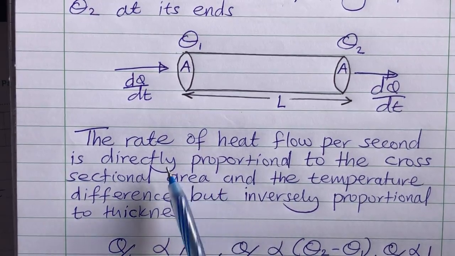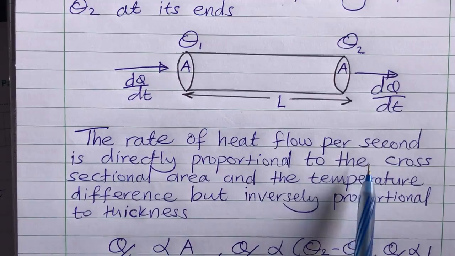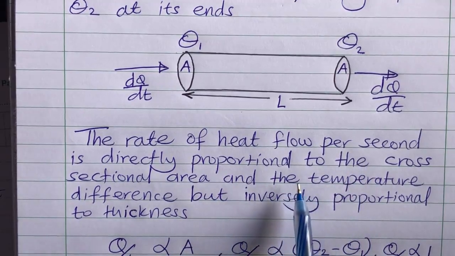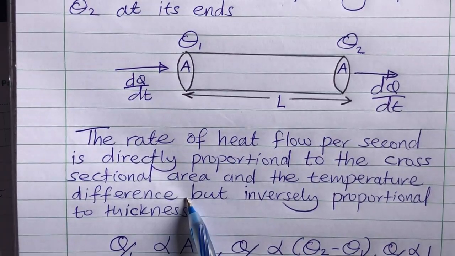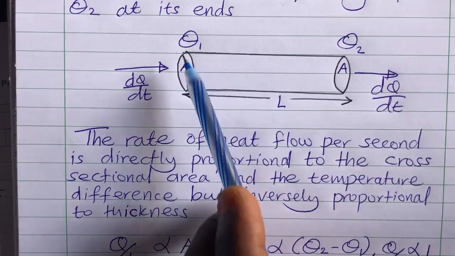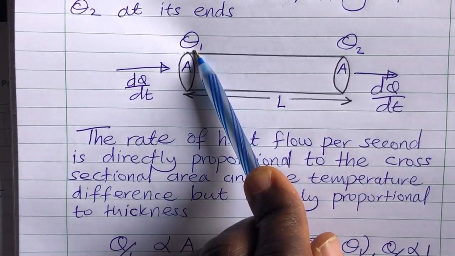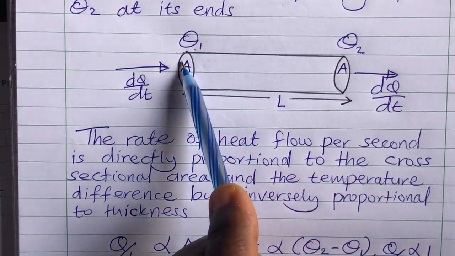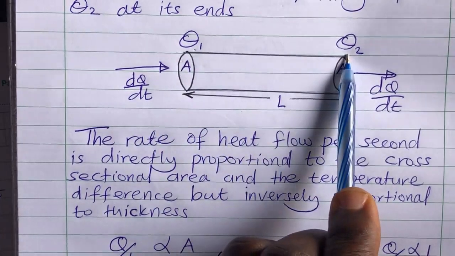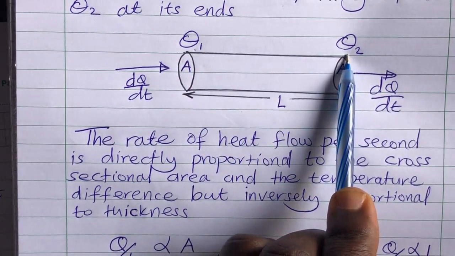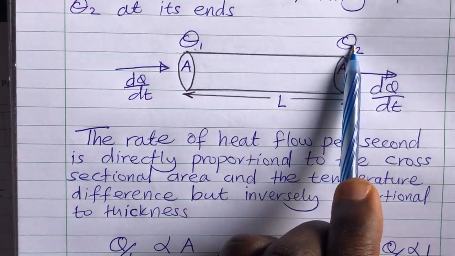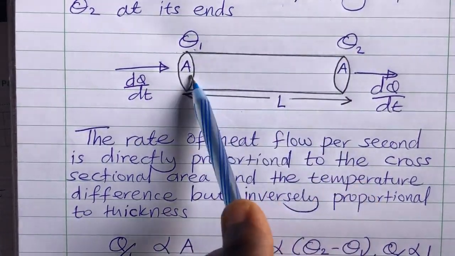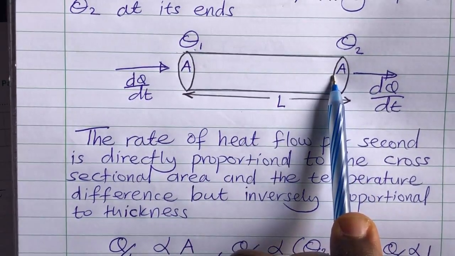And also the rate of heat flow per second is directly proportional to the temperature difference. Temperature difference is given by the temperature near the source minus the temperature at the other end of the conductor. So, as the temperature difference increases, the rate of heat flow through this conductor also increases.